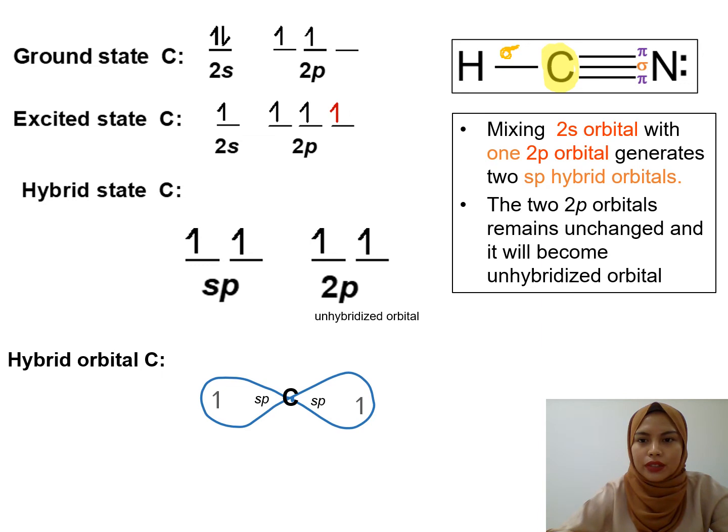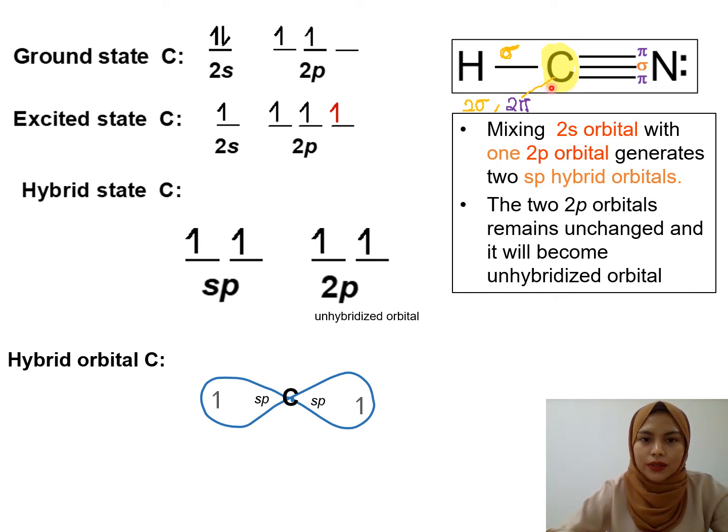Manakala between carbon dan juga nitrogen dia ada another 1 sigma bond. So for this carbon dia ada 2 sigma bond dan juga 2 pi bond. Okay. Therefore this carbon perlukan 4 single electrons.